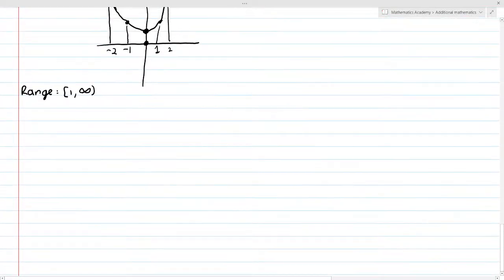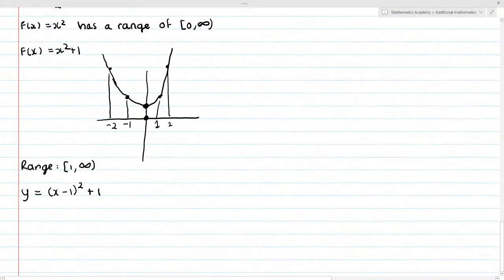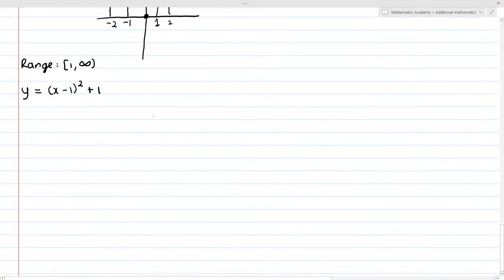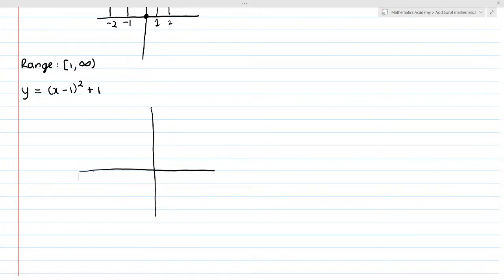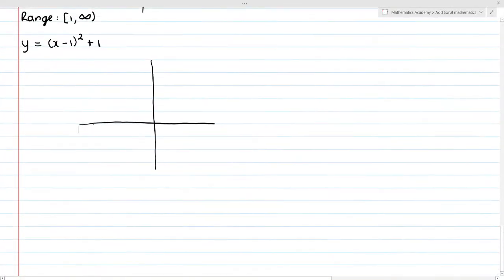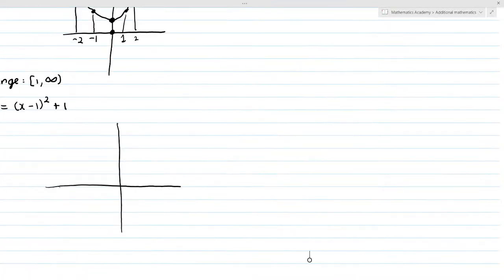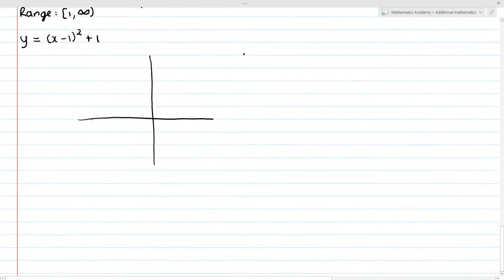Okay, let's take another example: y equals (x minus 1) squared plus 1. This is slightly more complicated, but let's think about it anyway. Again, to get an idea of the range, we need to think about graphing it.